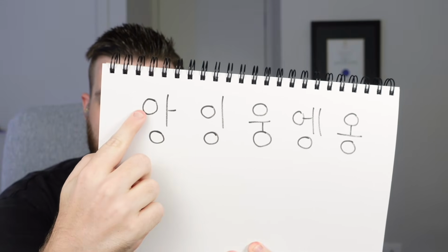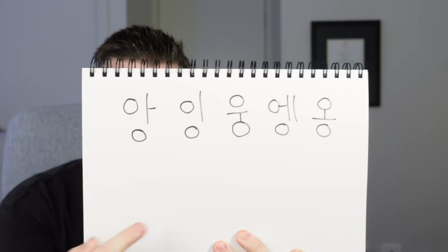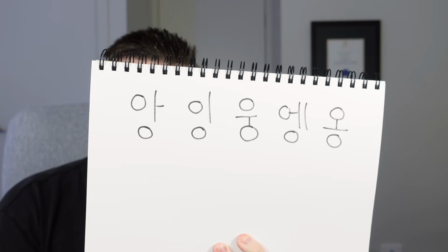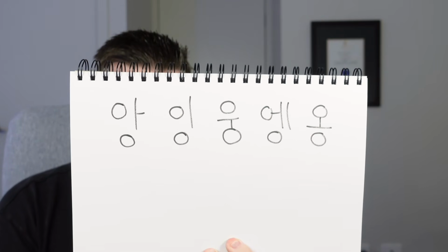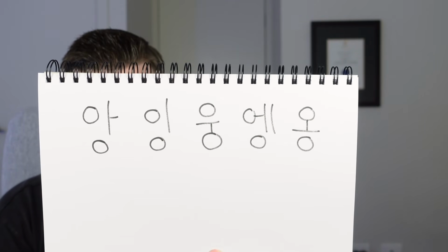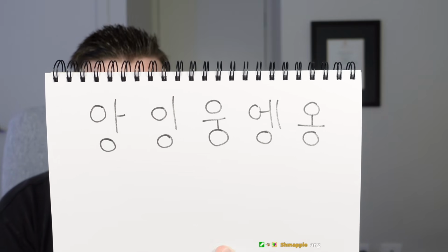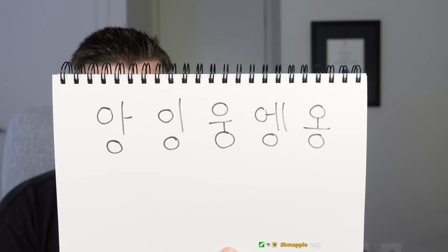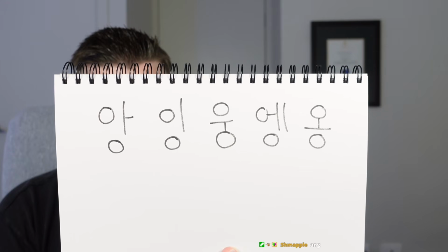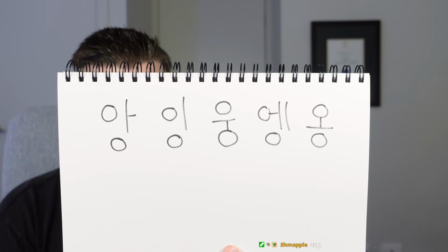So instead of a, i, u, e, o, you have ang, ing, ung, eng, ong. Ang. Okay?